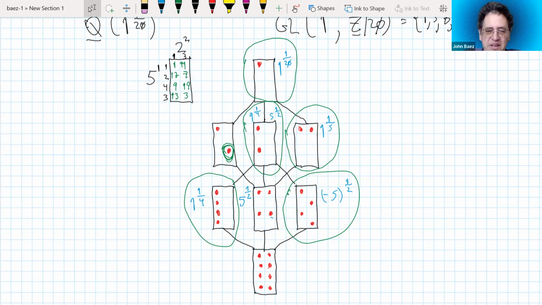I'm dying to know what you're going to do next, because if I were trying to count points over a finite field of the Gaussian elliptic curve, I would need to remember or cook up an equation for it, like a Weierstrass transform, one of those.